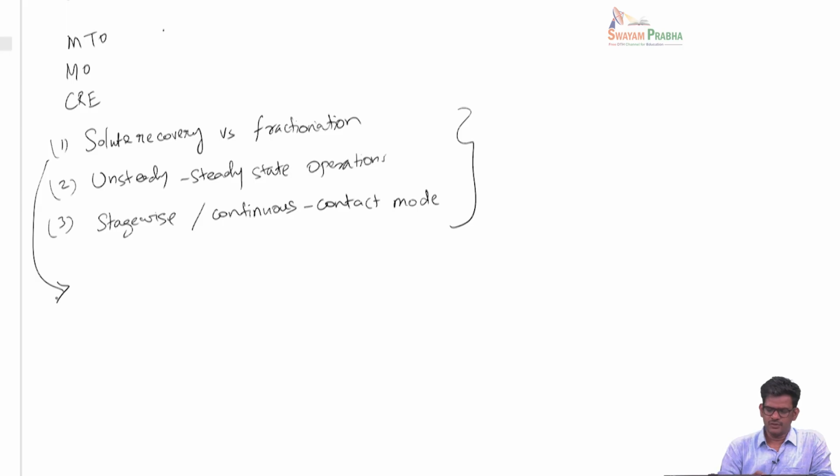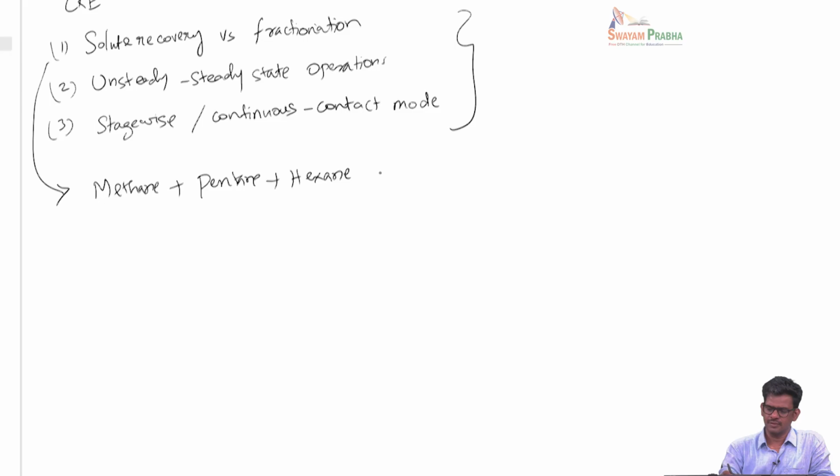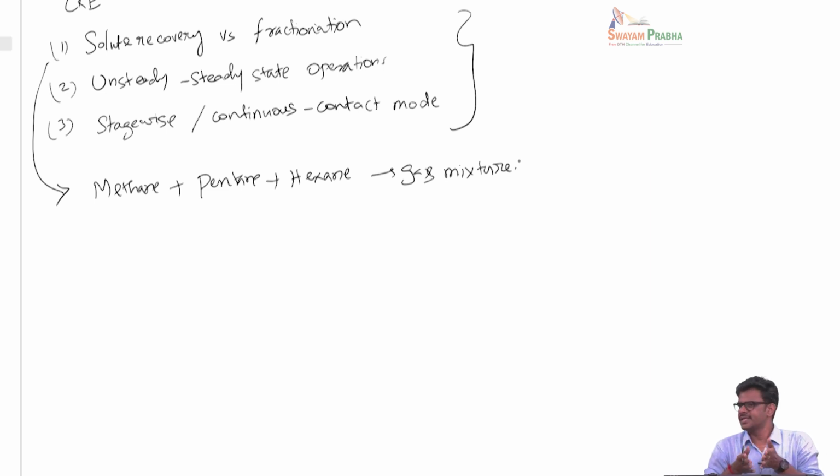So in the case of a solute recovery versus fractionation, let's say we have a mixture of methane, pentane and hexane. Okay, it's a gas mixture. So in this case, if you take this gas mixture and then contact this with the hydrocarbon oil, what will happen is pentane and hexane will get dissolved into the hydrocarbon oil, whereas methane will still be in the gas phase.